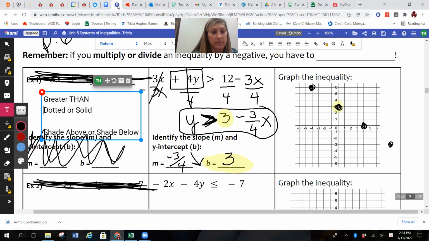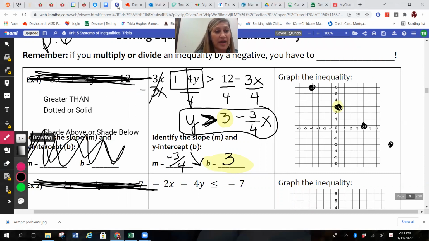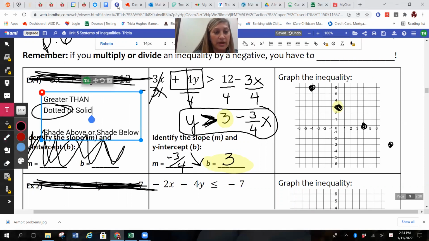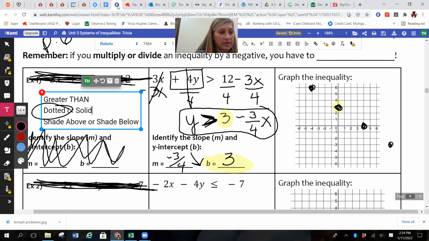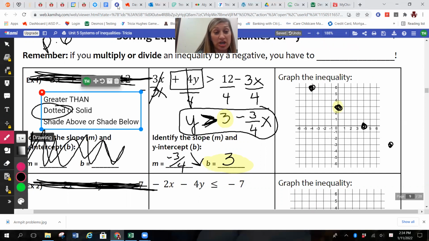Greater than is, in fact, a dotted line. A greater than sign is also shading above. Okay. Greater than means dotted line. So what I'm going to do to make a dotted line is just place a dash between our points and then throw an arrow on the top and the bottom.